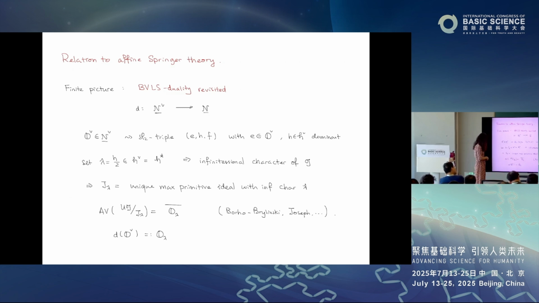And then the image of this orbit under this duality map is simply this O_lambda.